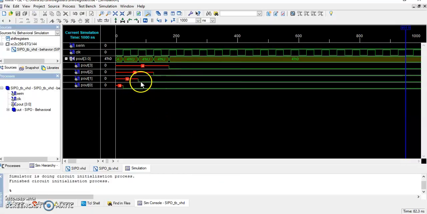During the second clock cycle, P out of 1 is equal to 0. Then during the third clock cycle, P out of 2 has the output 0. Then during the fourth clock cycle, P out of 3 is equal to 0. And we have not changed our serial input data, so it has come like this.